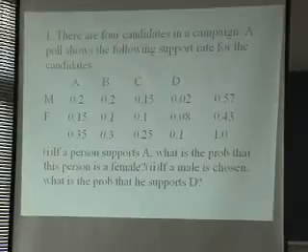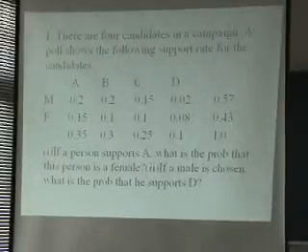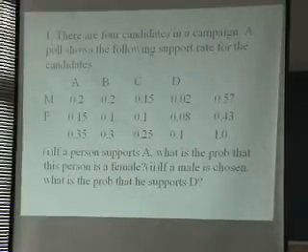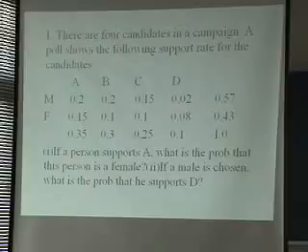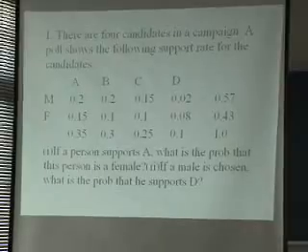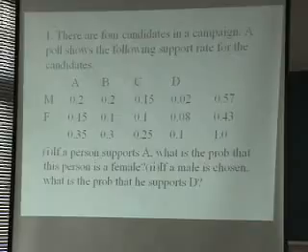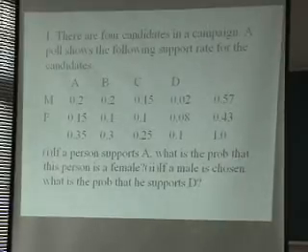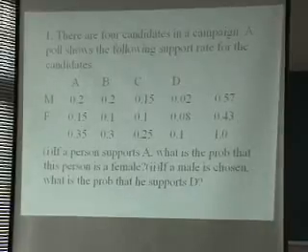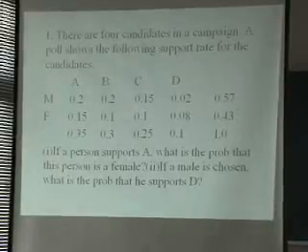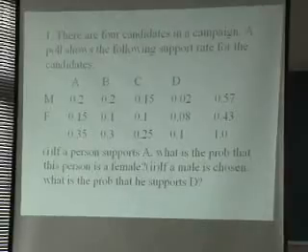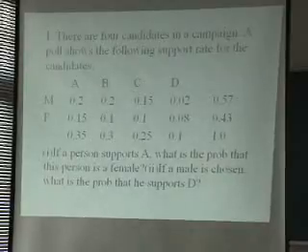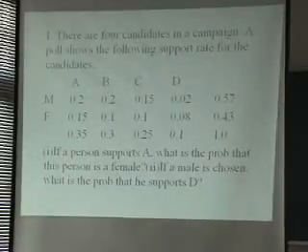What is the probability that this is going to be a female? I think this should be very simple, right? So what should that be equal to? 0.15 over 0.35, right? Okay, good.